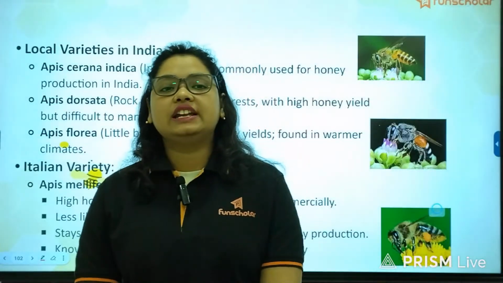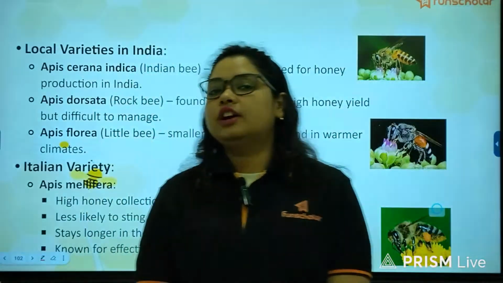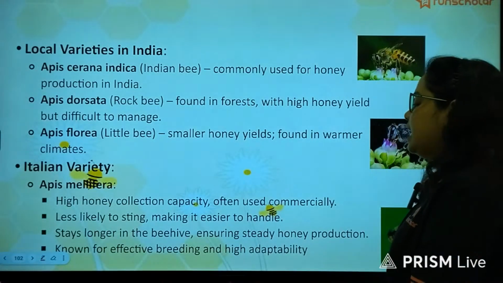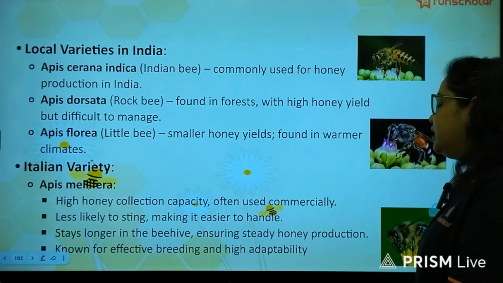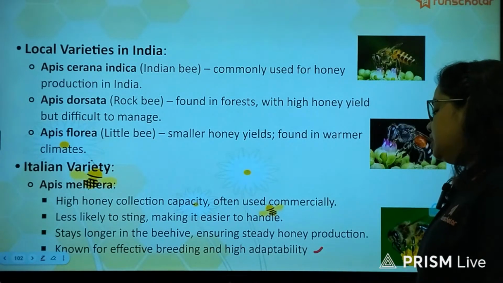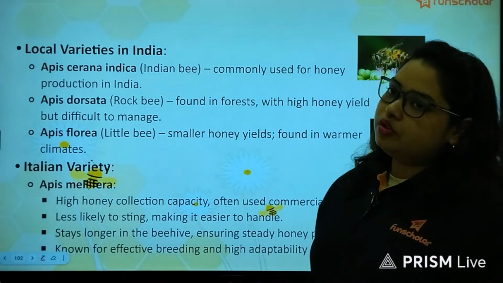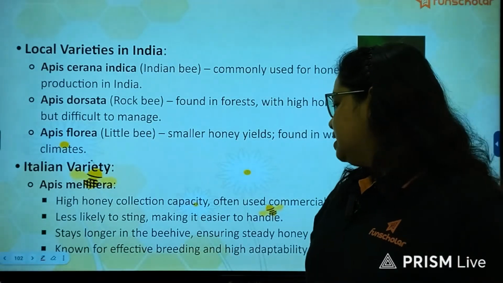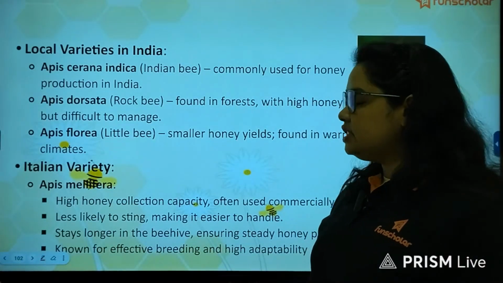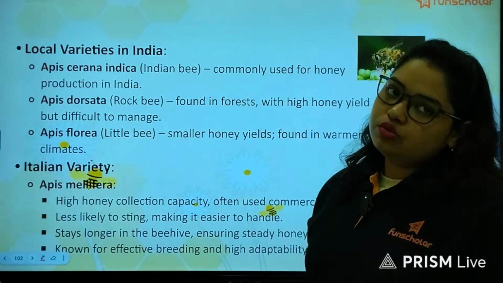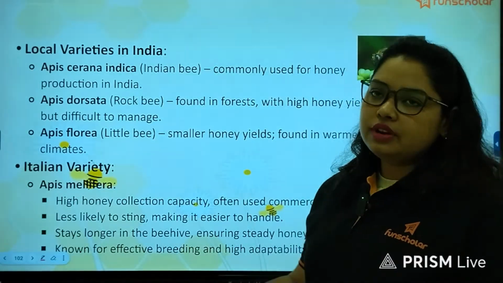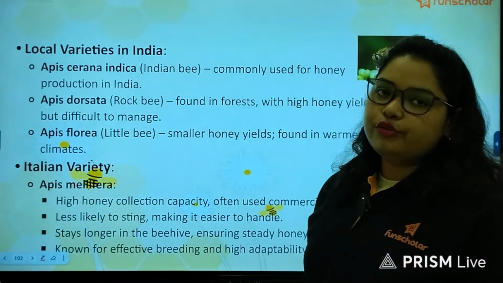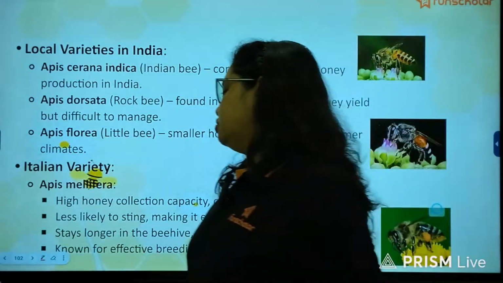You will be constantly getting the supply of honey and bee wax, and it is known for effective breeding and high adaptability. So it can easily adapt to changes in the environment and climatic conditions, and it breeds effectively to produce new offspring honeybees that will again go for nectar collection and produce more honey.